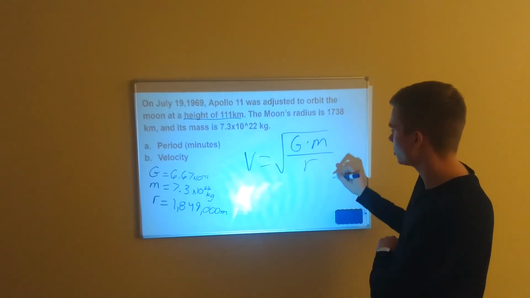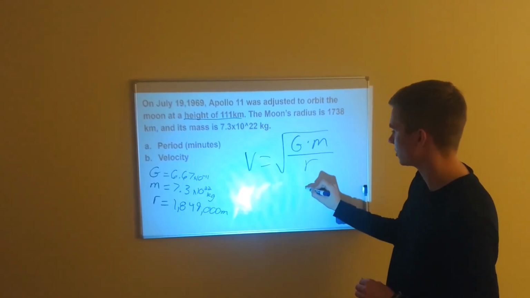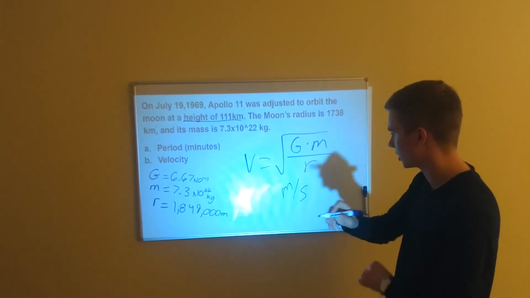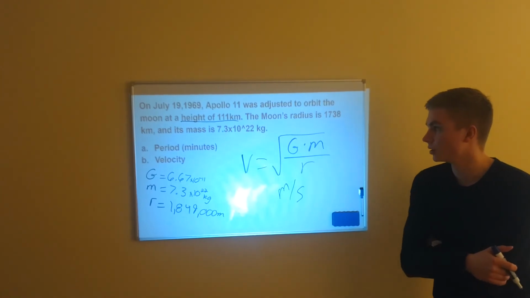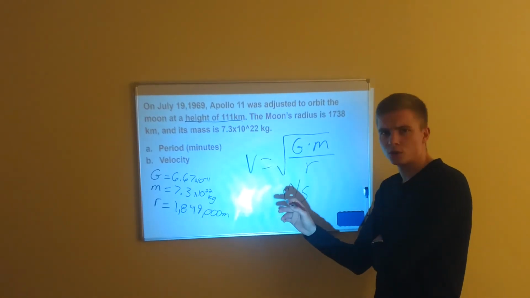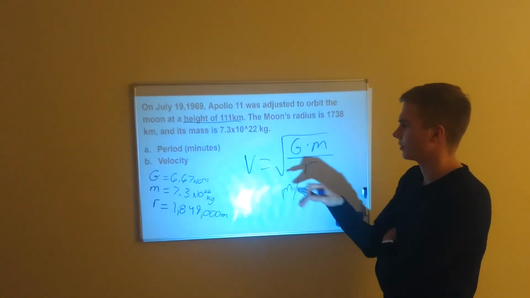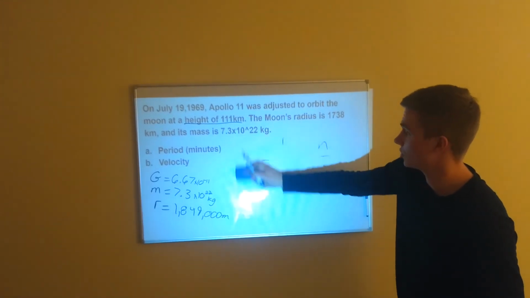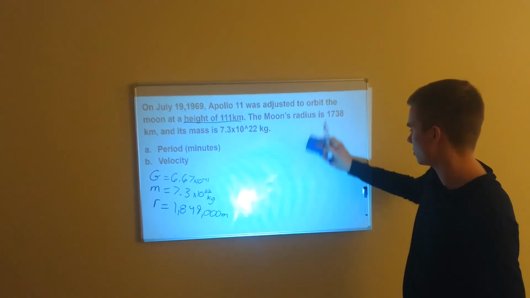In this equation, this is going to give us an answer in meters per second. Okay? Probably what unit I'll ask you for on the quiz, so you don't have to mess around with it.